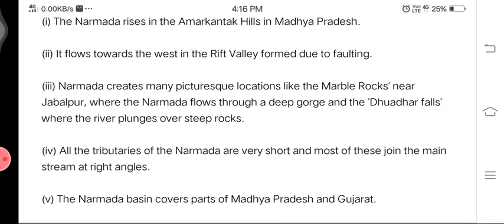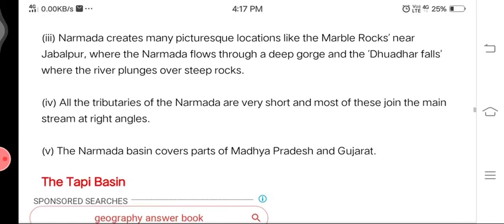Narmada creates many picturesque locations like the Marble Rocks near Jabalpur, where the Narmada flows through a deep gorge, and the Dhuandhar Falls, where the river plunges over steep rocks.